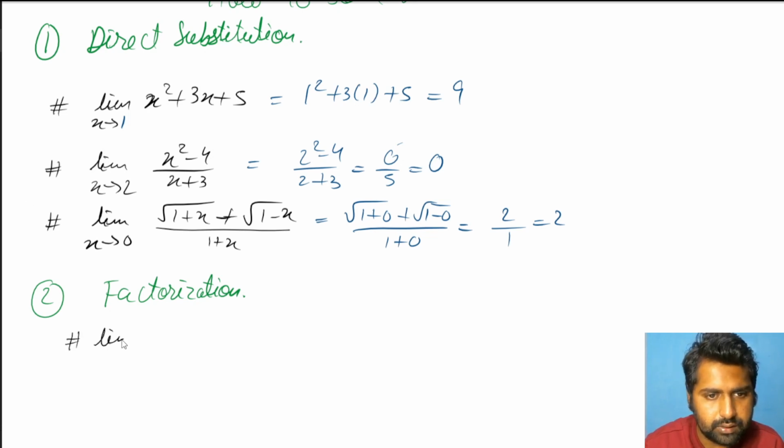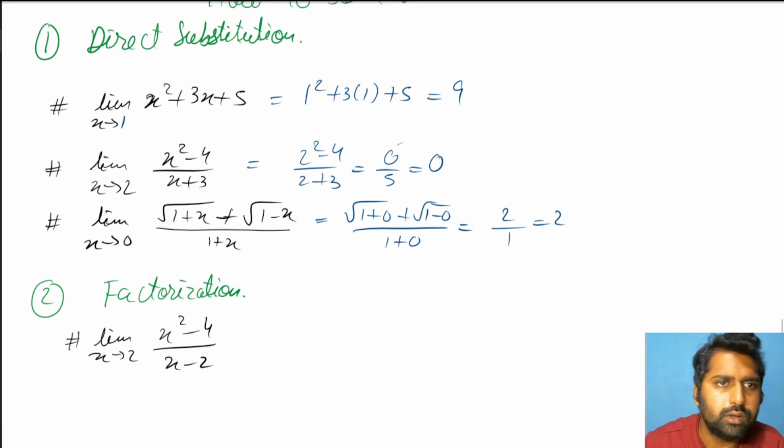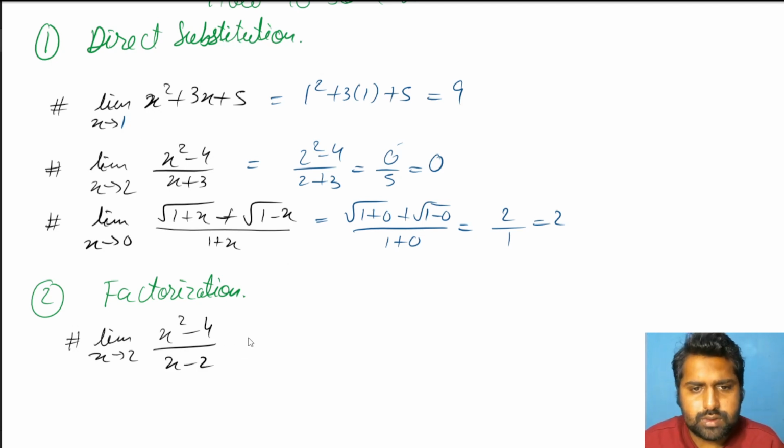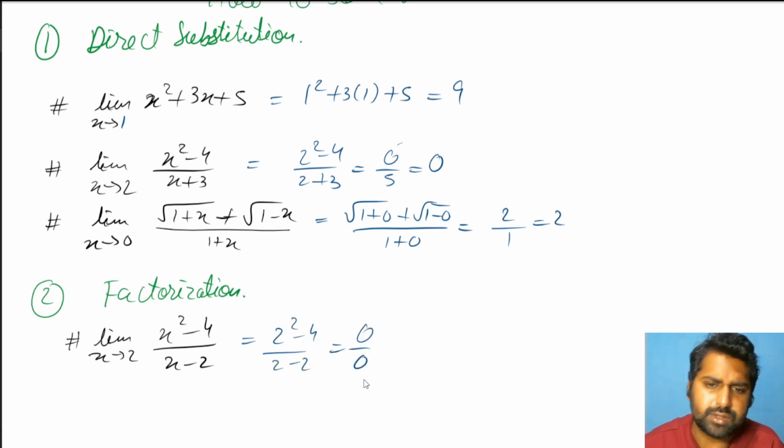Now, limit x tends to 2. I'll start with the question that I gave you in the starting, x square minus 4 upon x minus 2. Now, you have done direct substitution, so let's put directly 2 here. So, 2 square minus 4 upon 2 minus 2. It is coming 0 by 0. That's not defined.